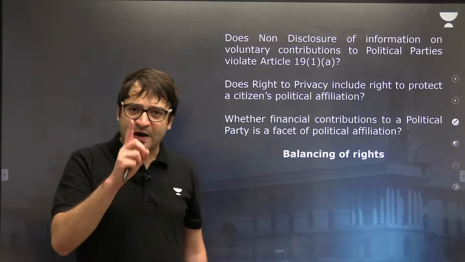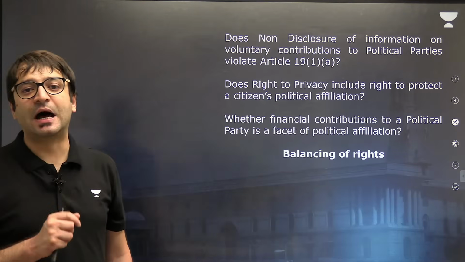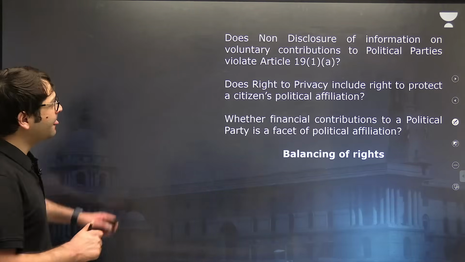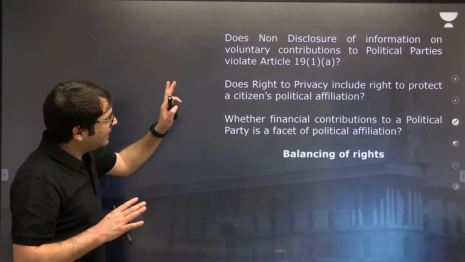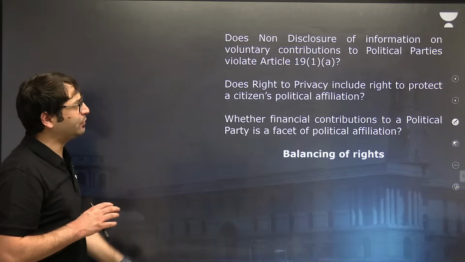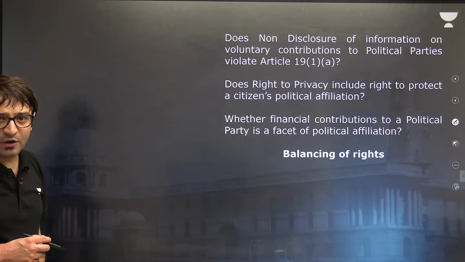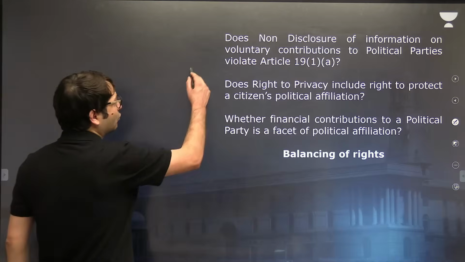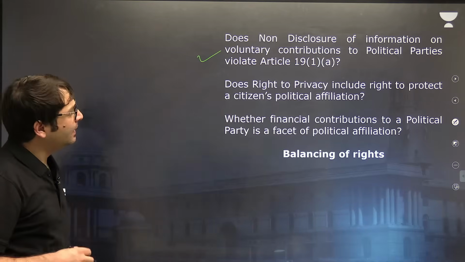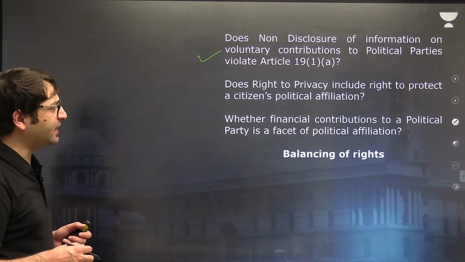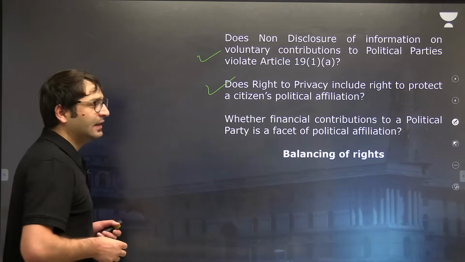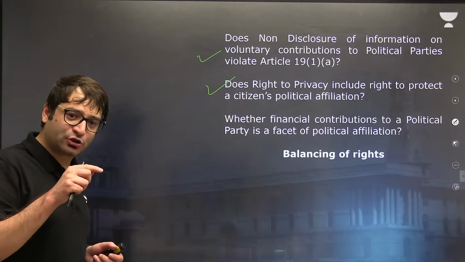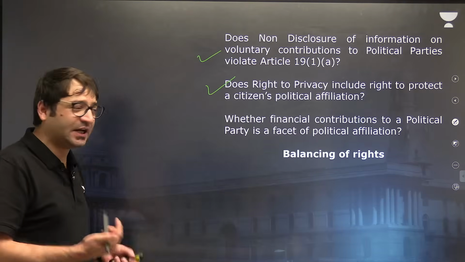So that is one answer to one question that court had to struggle answer with, which is, does non-disclosure of information on voluntary contributions to political parties violate Article 19(1)(a)? The court said yes. Does right to privacy include the right to protect a citizen's political affiliation? Yes. Whether financial contributions to a political party is a facet of political affiliation?